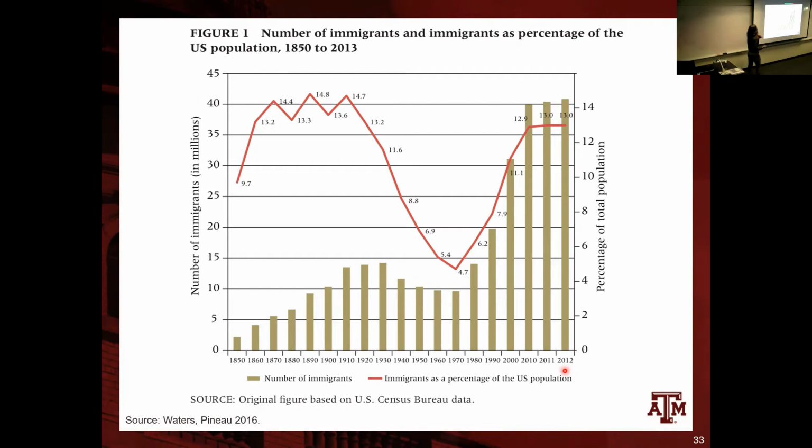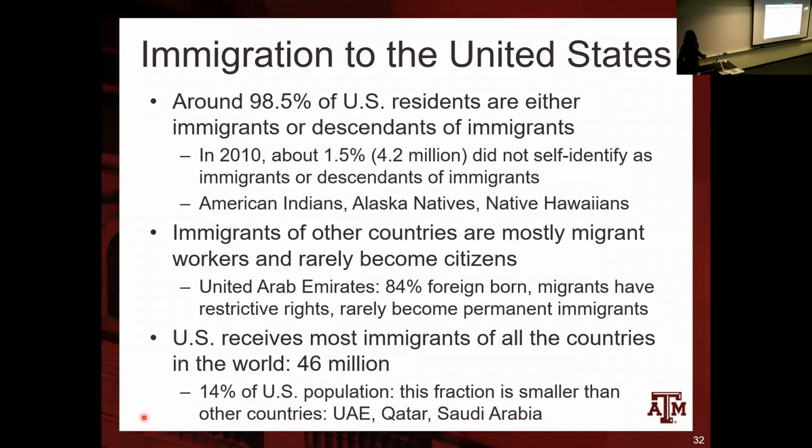But you can also see, in percentage terms, the red line, looking at the vertical axis on the right, the percentage of the population in the US that is foreign-born declined in the 40s, 50s, up to the 70s, and then started to increase again, and has been more stable lately. So around 13, 14%, like we mentioned before, okay?